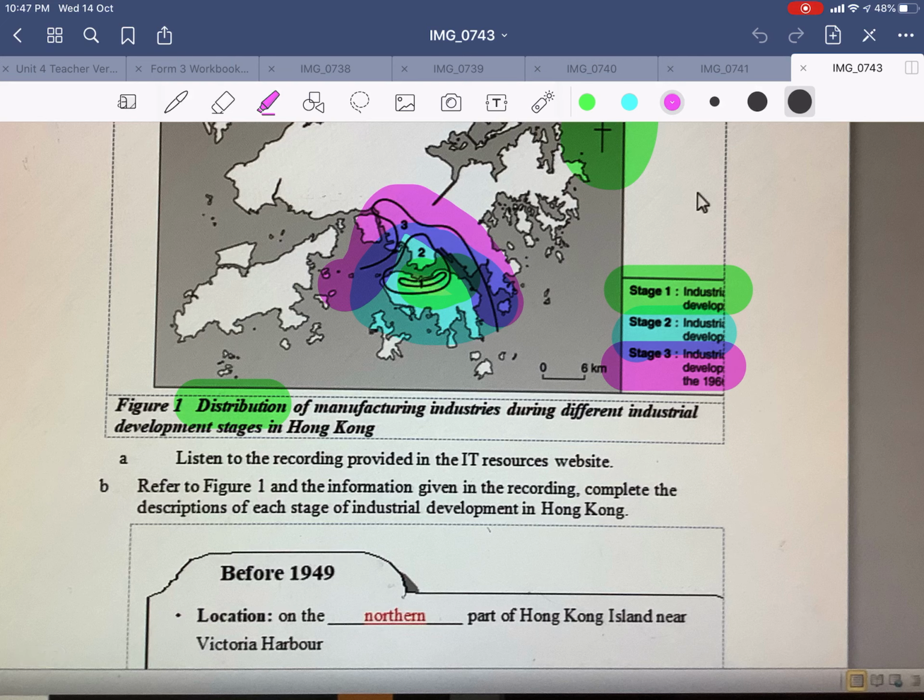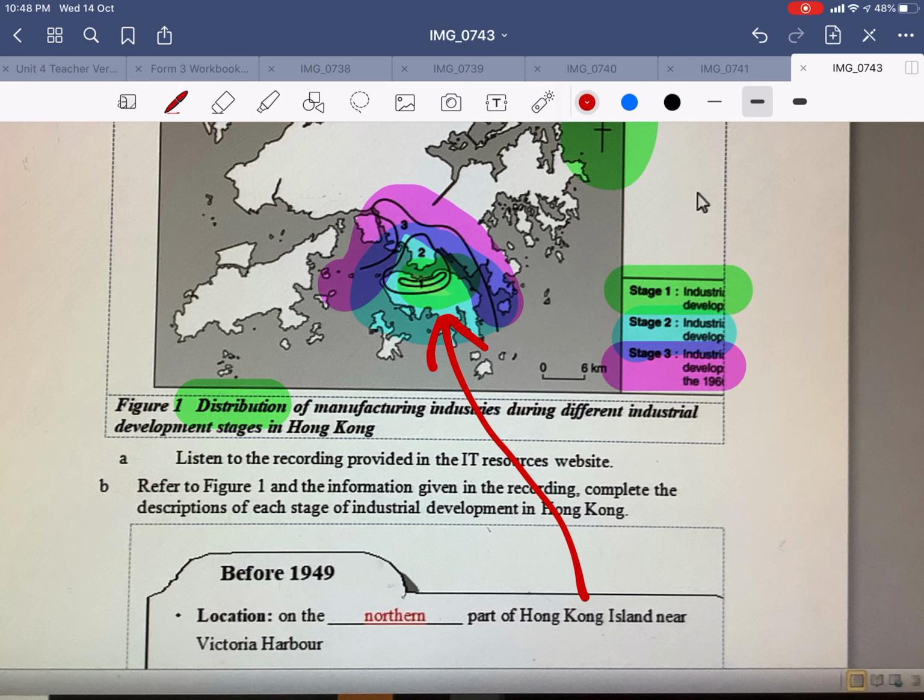Some of you just said lower part, upper part, southern, eastern, you gave all the directions, which is very funny. But anyway, you better tell me this is the northern part of Hong Kong Island. Some of you may mix up Hong Kong Island with Hong Kong. Hong Kong Island is this frog, it looks like a frog.